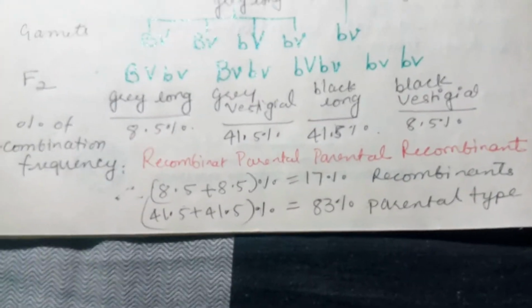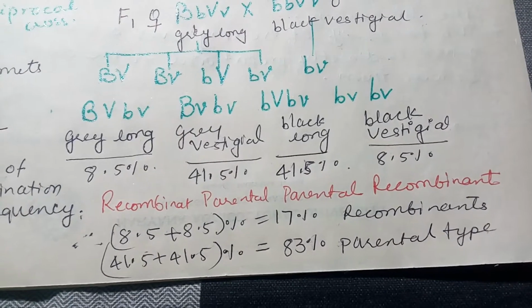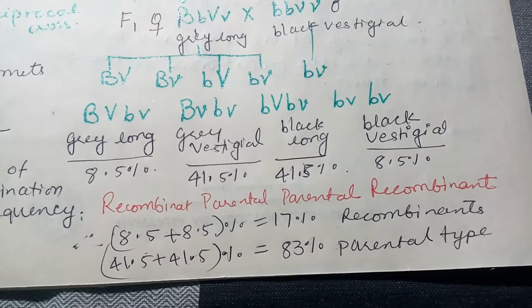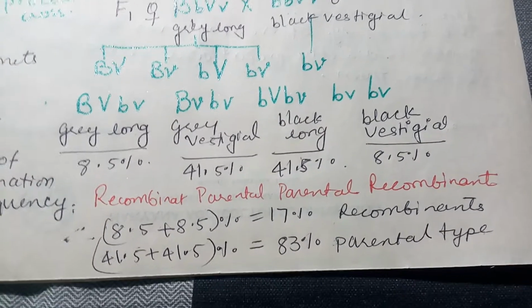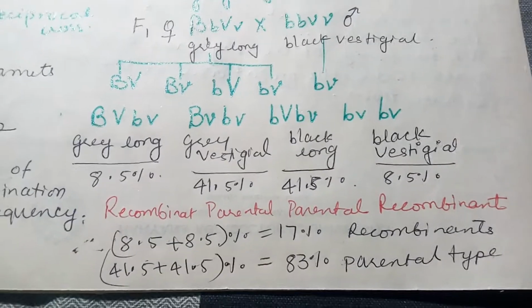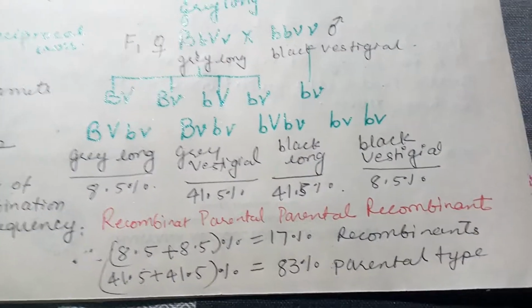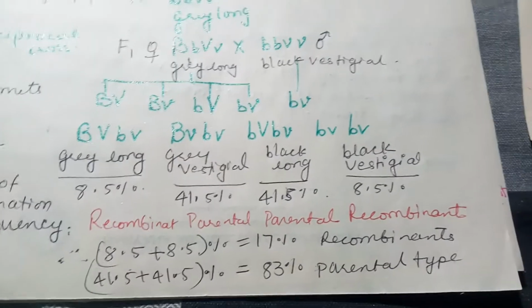So when combined, 8.5 plus 8.5 makes 17% recombinants, whereas the parental combinations are 83%. More of the parental type means more chances of linkage between these genes and fewer chances of recombination, or crossing over.